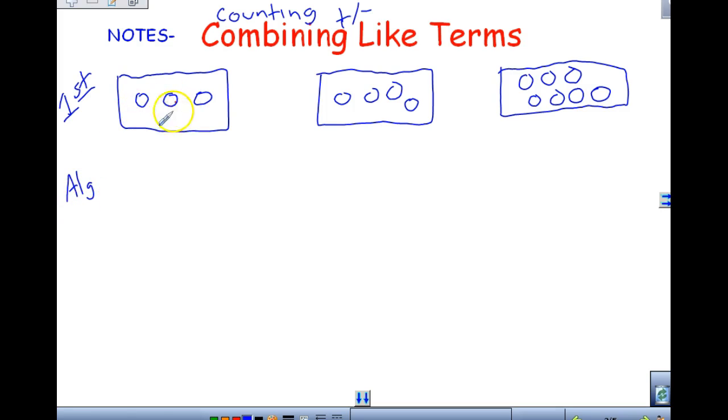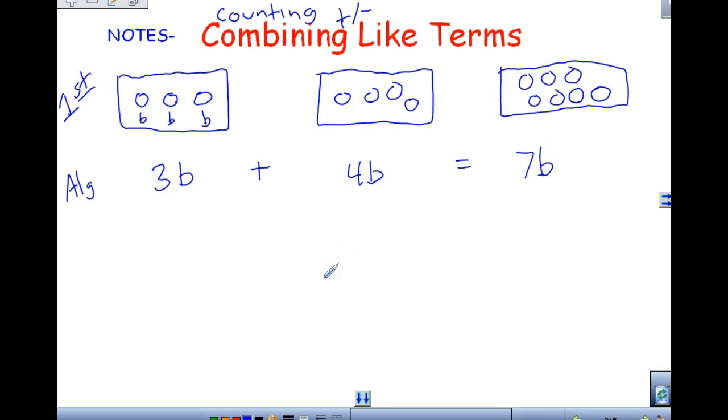Instead of actually drawing a figure of it, you say, okay, maybe each blueberry stands for a B. So if you have 3 blueberries, in algebra you say that's 3B. If you have 4 blueberries, that's 4B. If you want to add those together, 3 blueberries, 4 blueberries all together is 7 blueberries. You say 3B plus 4B is 7B.